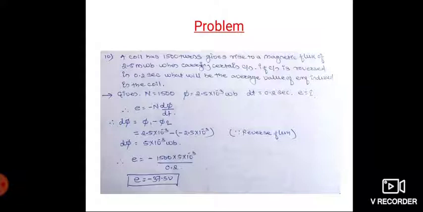So d phi equal to 5 into 10 raised to minus 3 Weber. Substitute d phi value in the above equation. So E equal to minus of 1500 into 5 into 10 raised to minus 3 divided by 0.2. So induced EMF E equal to minus 37.5 volts.